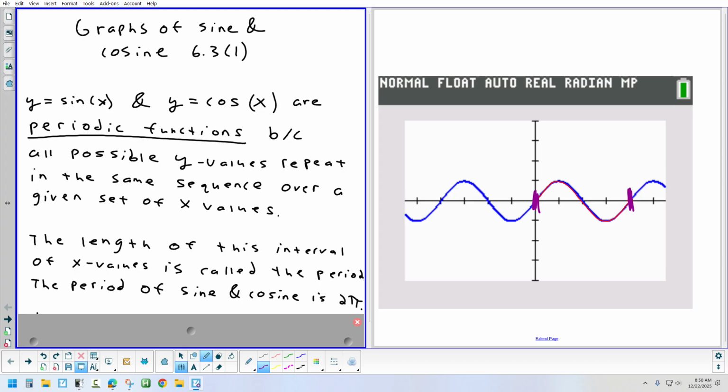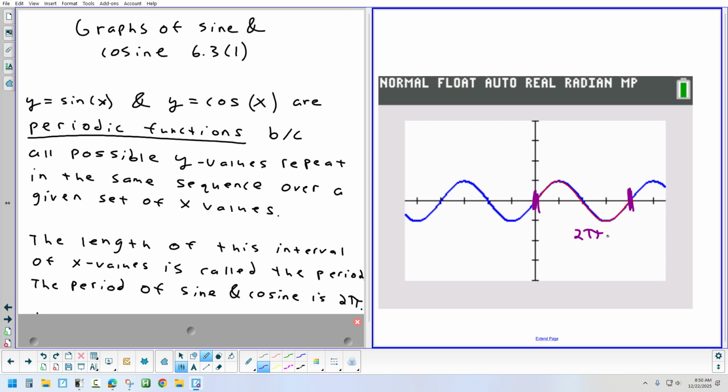And for sine and cosine, the period of the graph is 2 pi. Now the 2 pi is if you don't stretch it, compress it, do anything like that. That's just the normal period, or you can also call it the cycle length of the function. So this is 2 pi, from there to there.